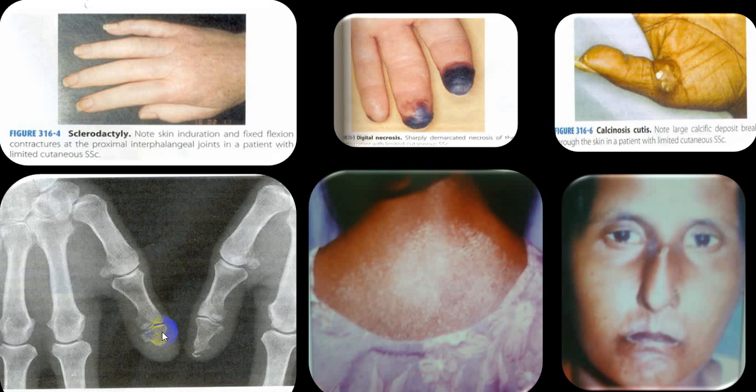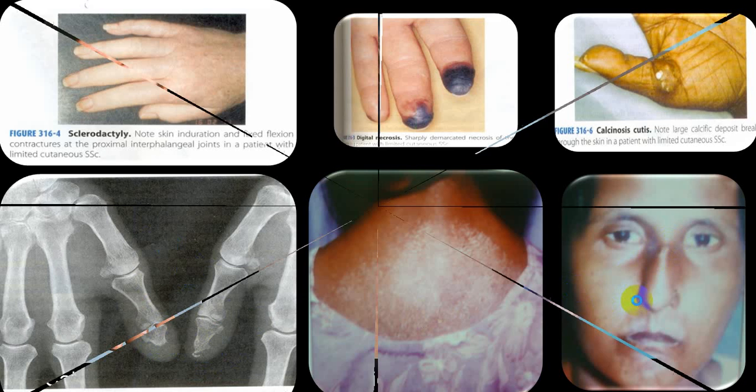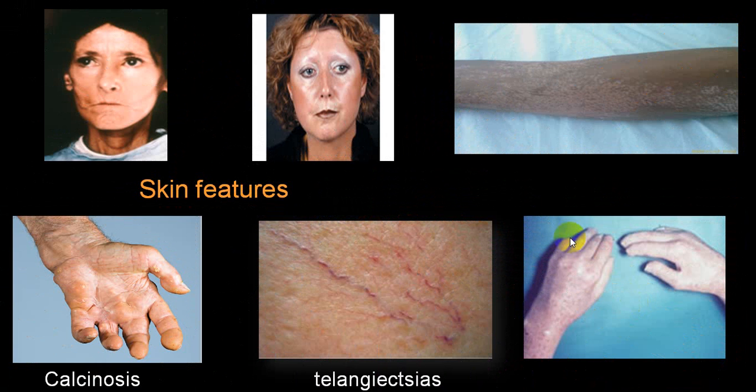You can see this portion of the bone has been osteolyzed. Typical nasal pinch. Calcinosis cutis, telangiectasia, sclerodactyly, salt and pepper appearance, typical facial appearance, typical lips, very classical.